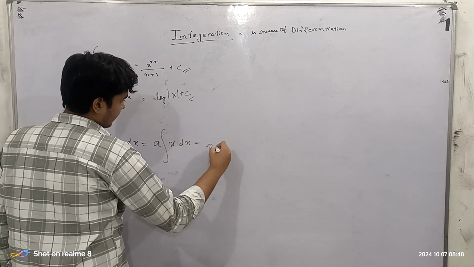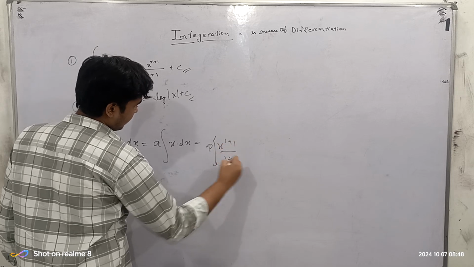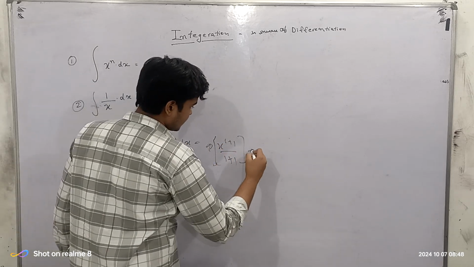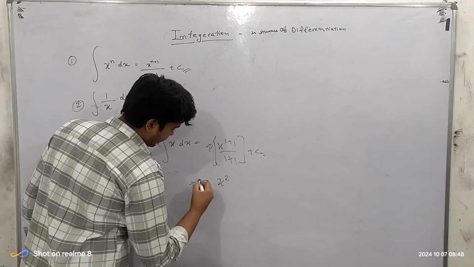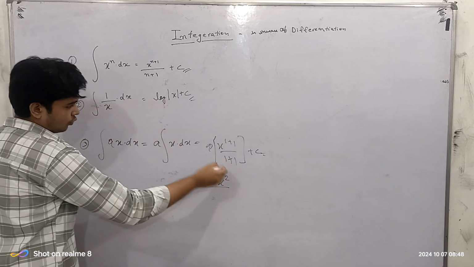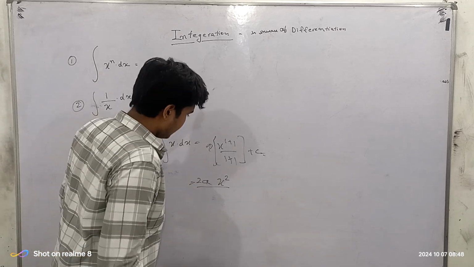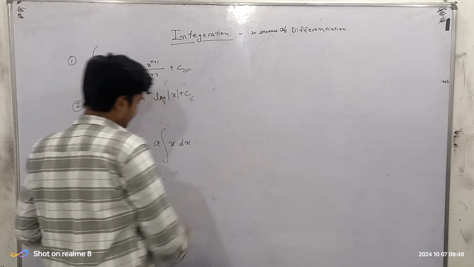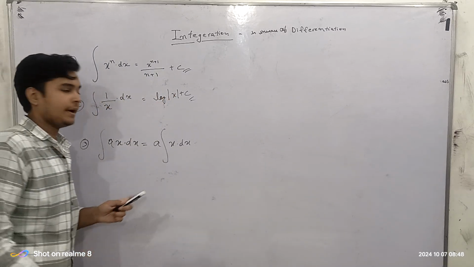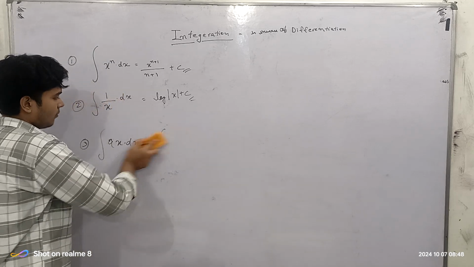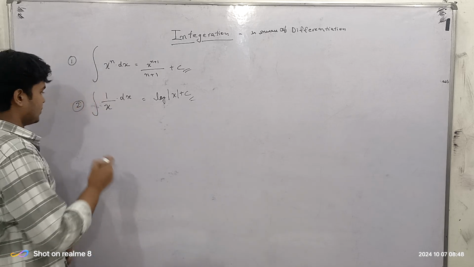The integration of x will be x^(1+1) by 1+1, the power is 1, so it will be a times x^2 by 2, or a x square by 2. So if a constant value is given, first we put it outside the integration and then we integrate. This is general knowledge that we are going to use in integration.